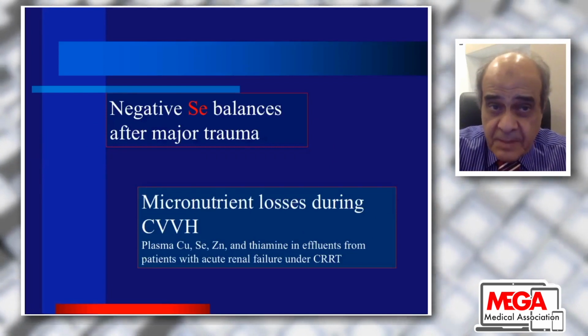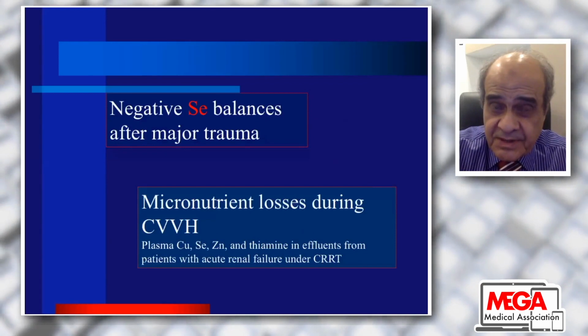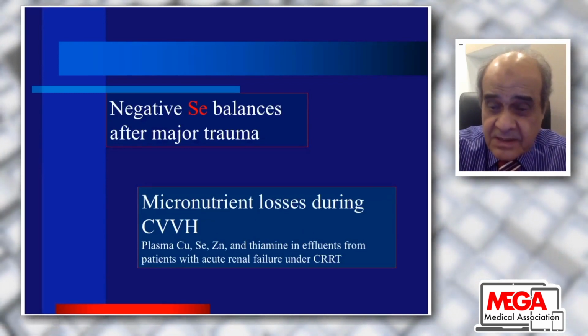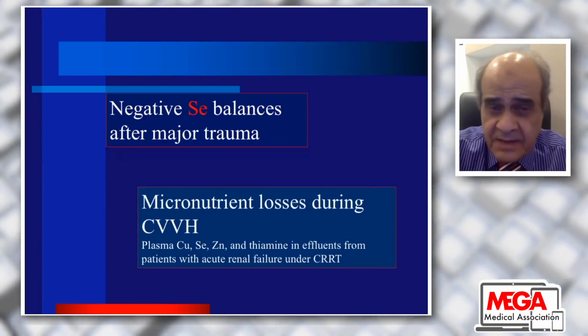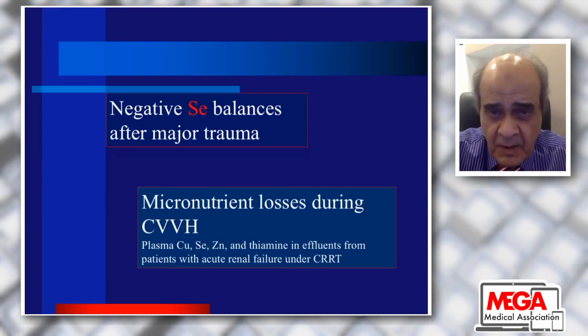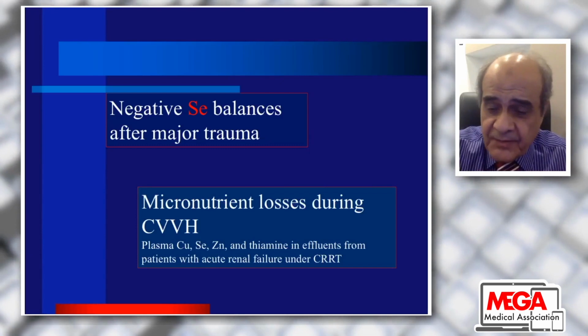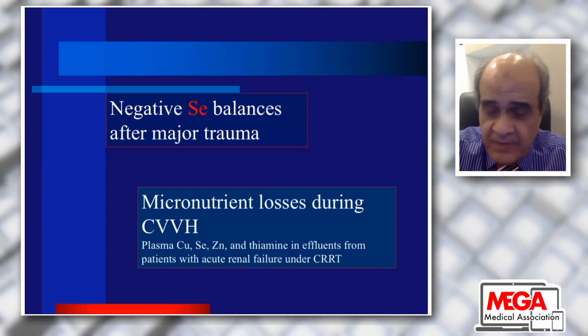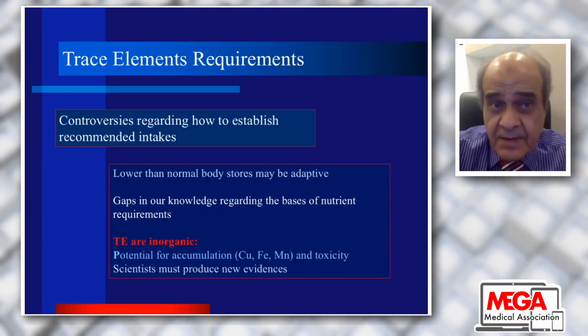Also selenium, after major trauma, we will find it concentrated in the traumatized tissue, and the serum level of selenium will be low. In continuous renal replacement therapy for renal problems, we will also find depletion of most of the trace elements.